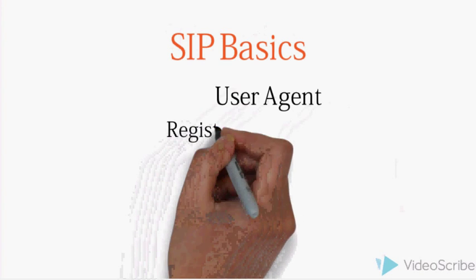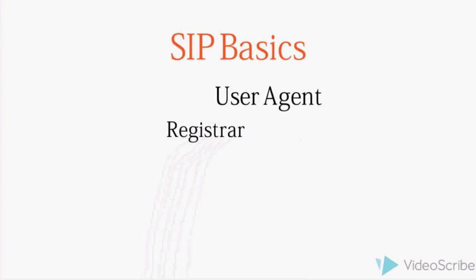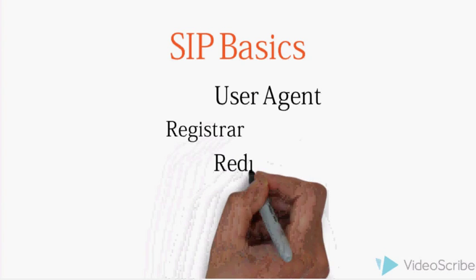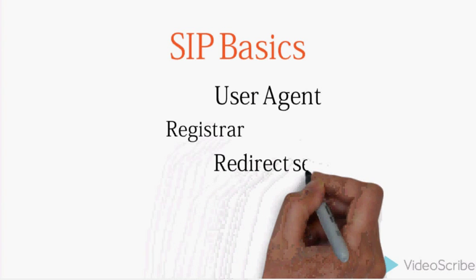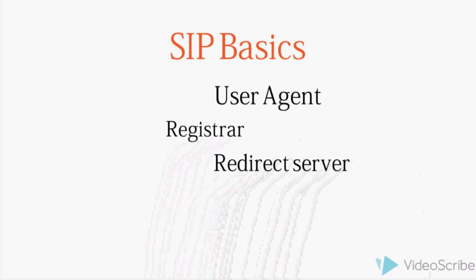We have registrar. The registrar server registers user agents on the network and can also be used for authenticating them. We have the redirect server. The redirect server accepts SIP requests and returns the address that should be connected to complete the initial request, in the case of multiple locations for a SIP user agent.